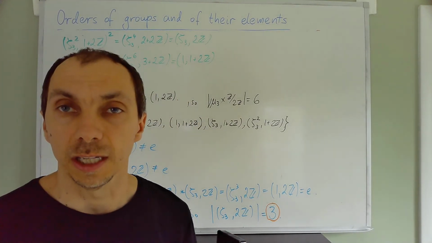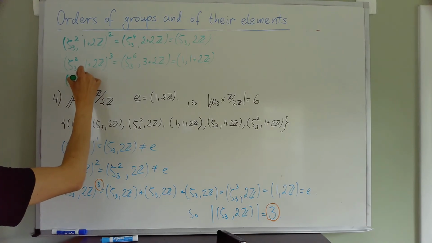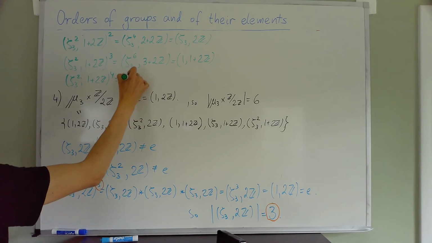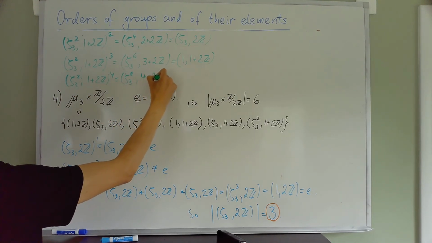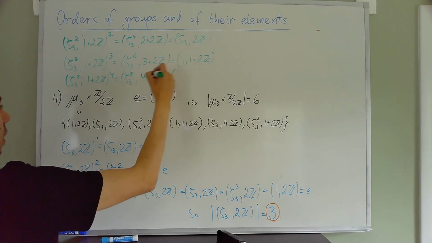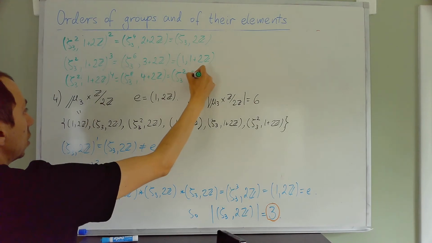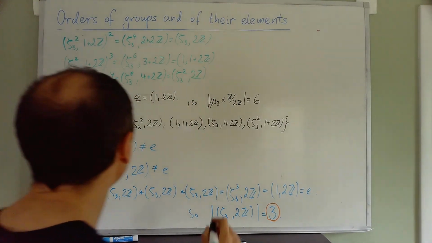It's again not the identity. Power 4. So that's this thing to the power 8, and here I'm adding it to itself 4 times. Power 8 gives me (zeta 3 squared, 2Z). Not the identity. Wow, that one is really stubborn.